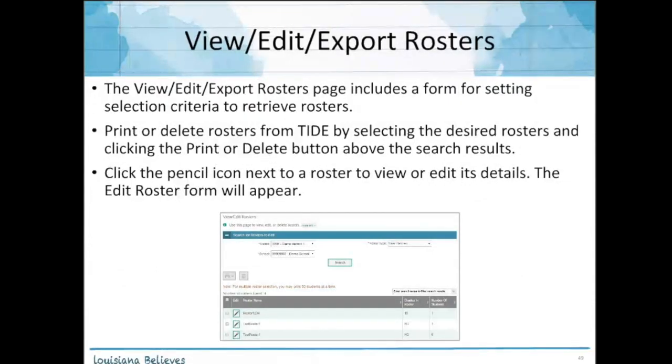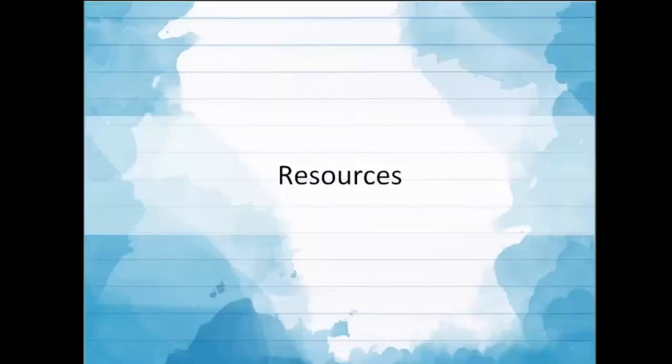Once your rosters are uploaded, you can view, edit, and export your roster pages. You can print or delete your rosters, and you can edit them, removing students or anything that you need to edit by clicking the pencil icon there as well.